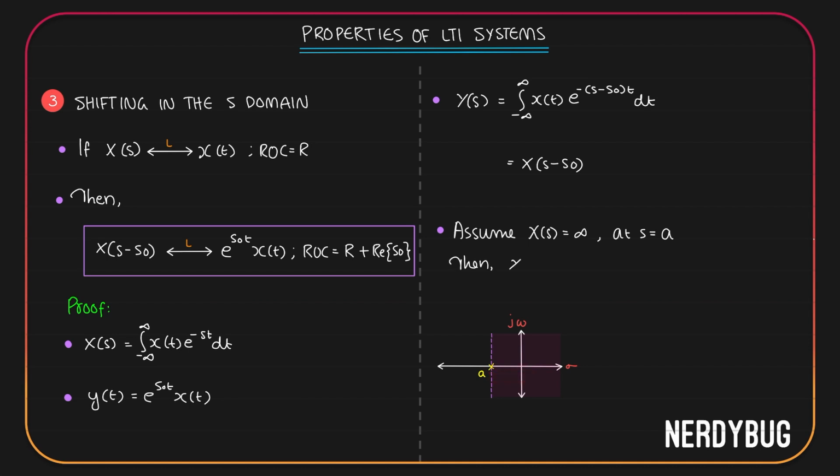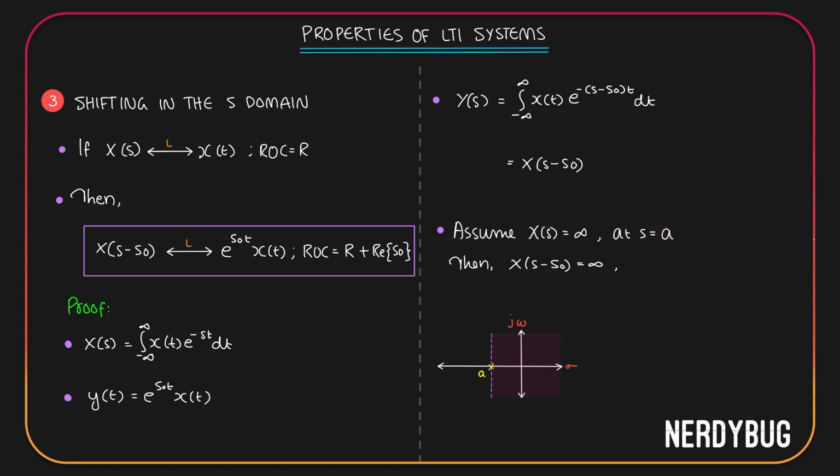Now, if I take x of (s minus s naught) and I want it to be infinite, that is, I'm trying to find out its pole where its value becomes infinite. But we already know at s equal to a, we get infinity. That is, when whatever is in the bracket becomes a, we get a pole.